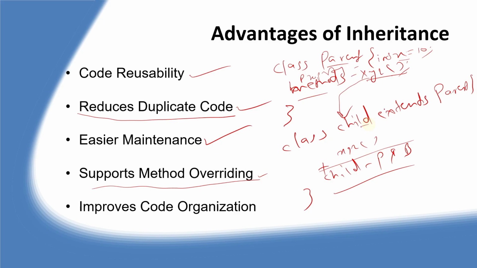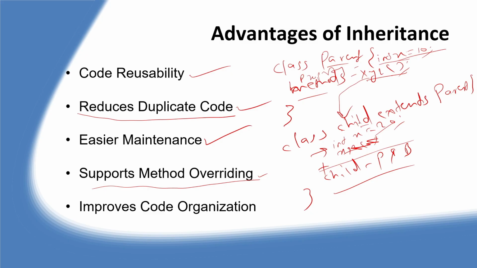That means it wants to modify it. So in that case, it can be overridden to 20. For that, the child class needs to redefine int x equals 20. So whatever property and behavior the child class wants to modify, it redefines. The child class doesn't want to use the existing properties or behavior of the parent class as they are; it wants to do some modification, and after that the child class will use them.